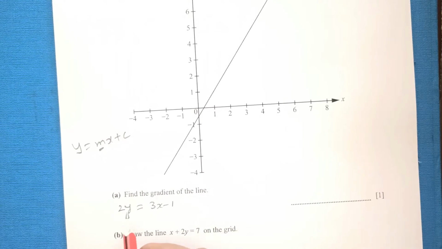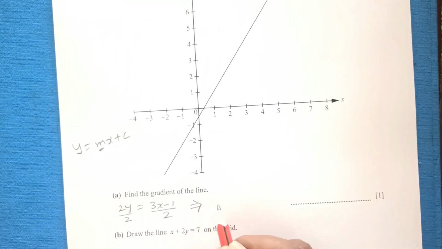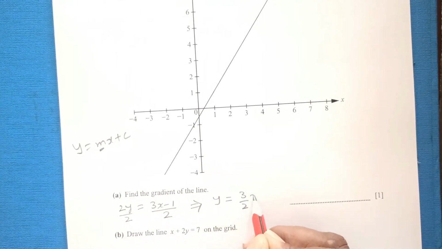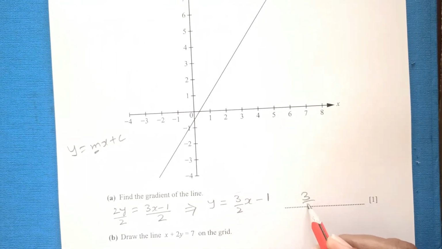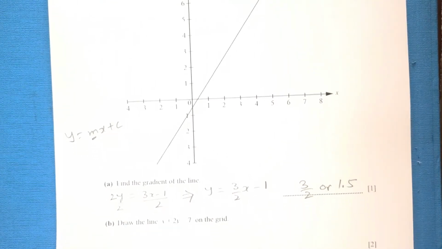So we can divide the entire equation by 2 like this. Then it will become y equals 3 over 2 x minus 1 over 2. So if you compare, this is your gradient now, 3 over 2, or we can write 1.5.